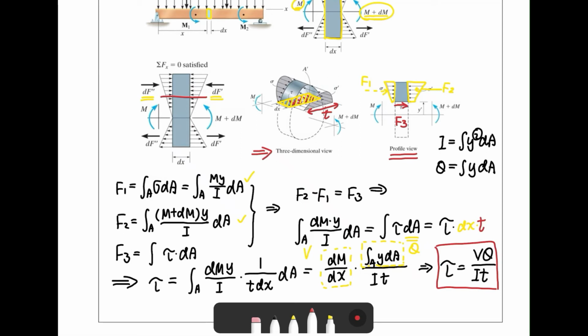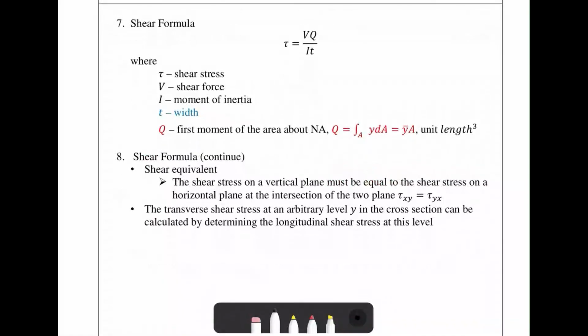So Q is the first moment of the area, and so let's move to the next page. I had a note here. So the Q here is officially this equation, but most importantly, we like to use A y-bar to do the calculation for the regular area. And then the unit for Q is going to be length cubed.